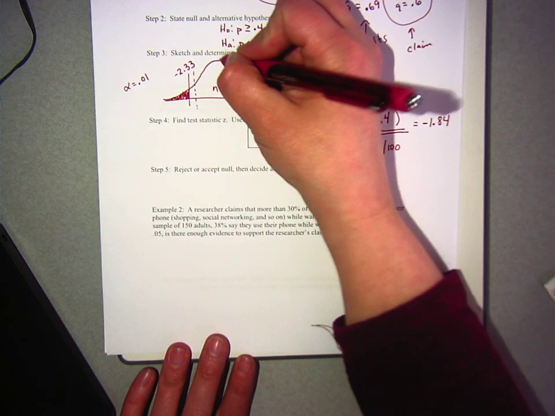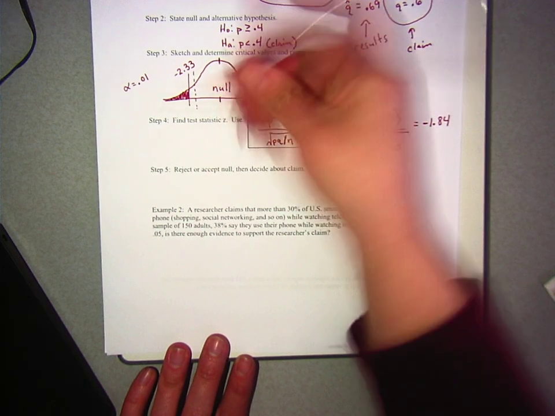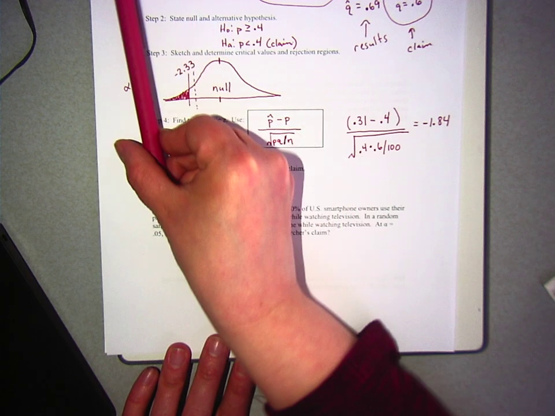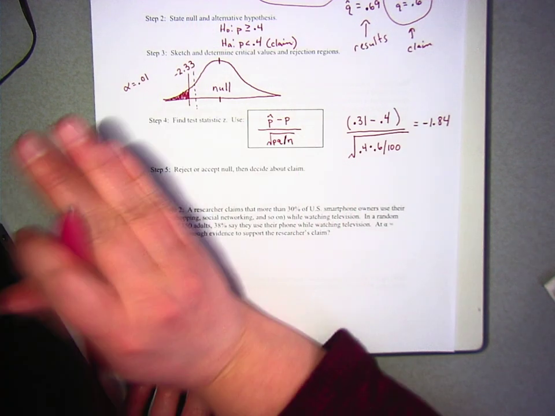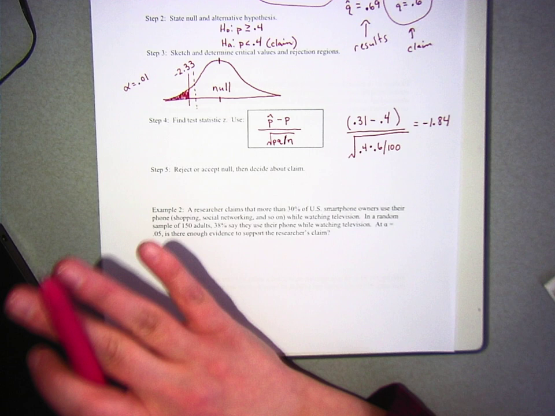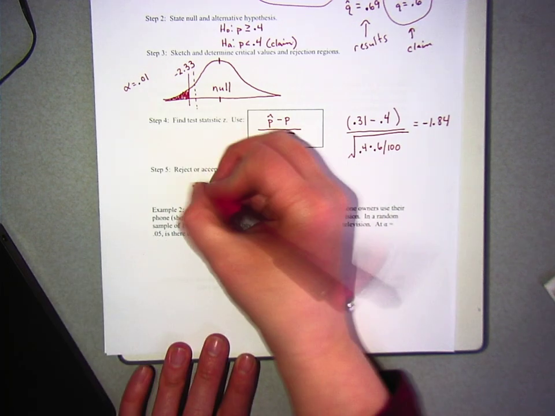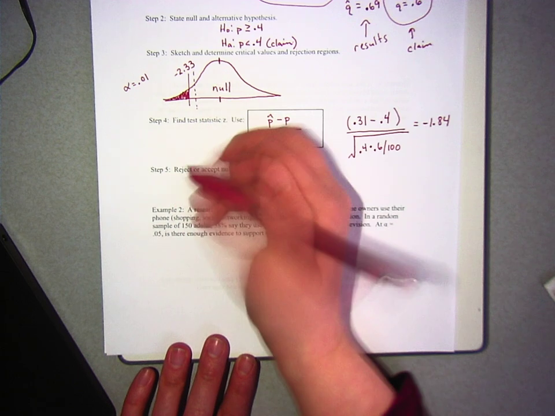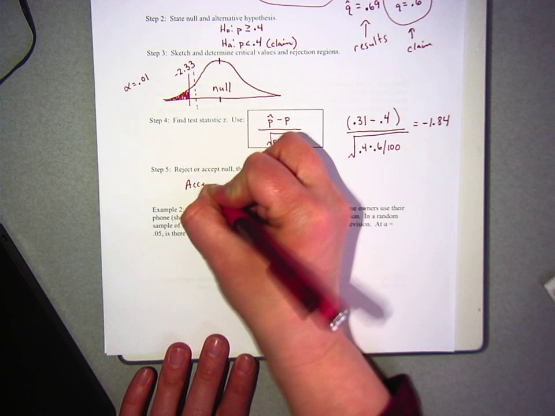Remember, anything less would be to the left of that center spot. It's not far enough for us to say, okay, it's always less. It's just not far enough. So we're going to first accept or reject the null. And since it fell in the null, I'm going to accept the null.